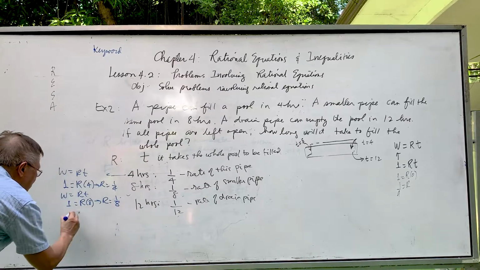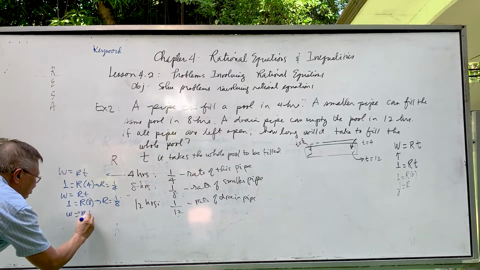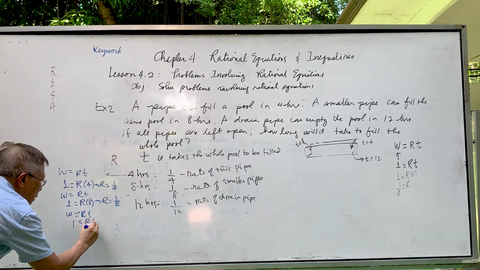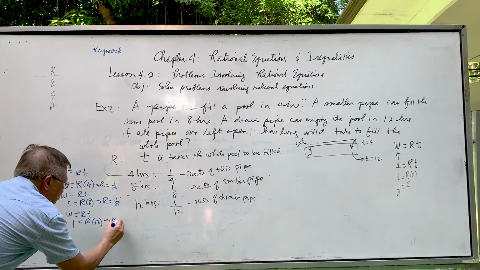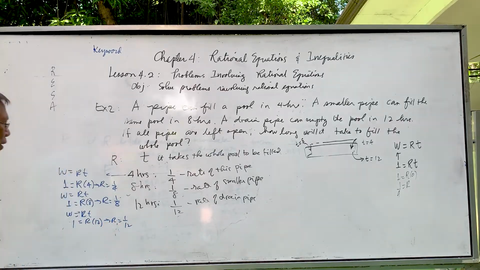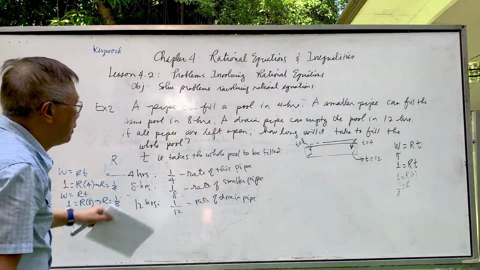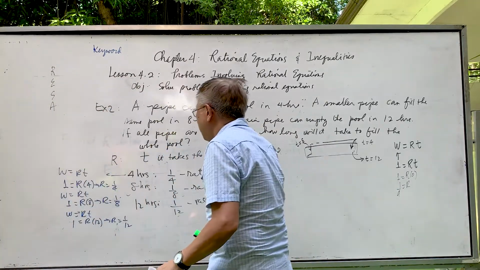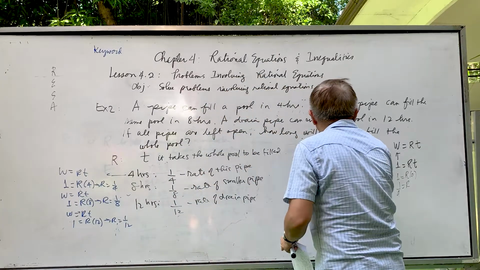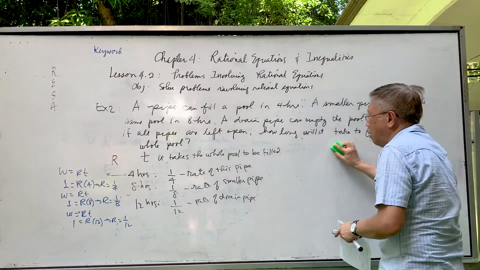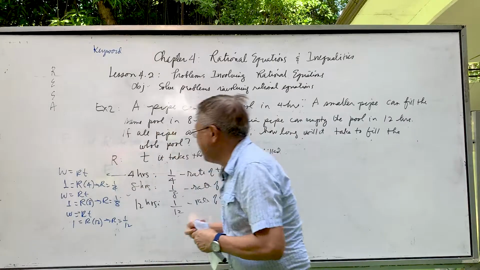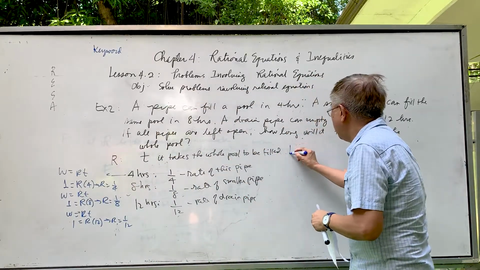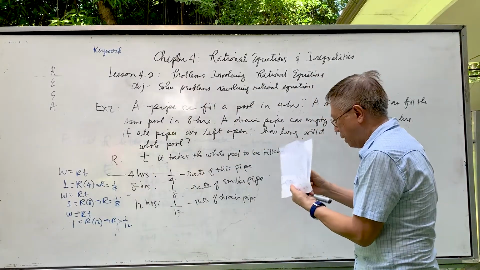Similarly, for this one here, work equals rate times time. 1 equals R times 12, or R equals 1 over 12. Now, that's our representation. What will be our equation? I will have here the equation.